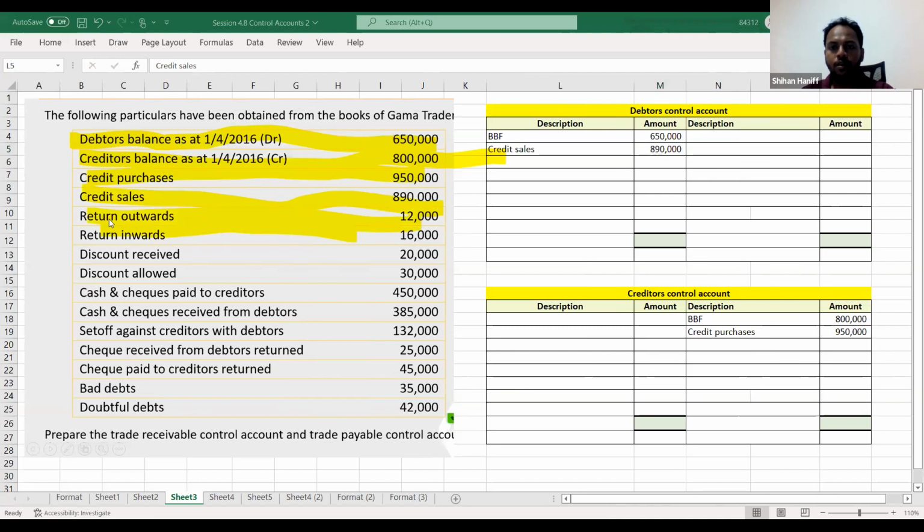Return outwards will be debited to the creditors control account. Return inwards, credit to the debtors control account.